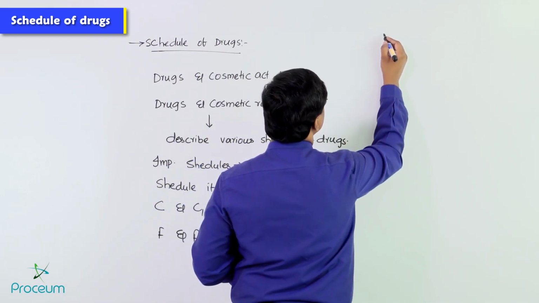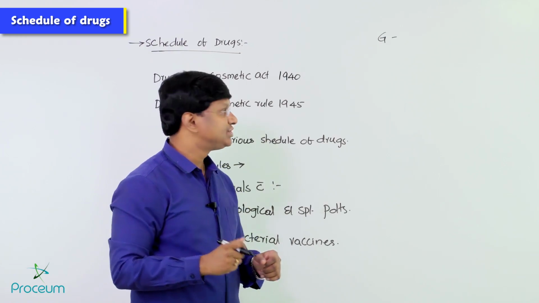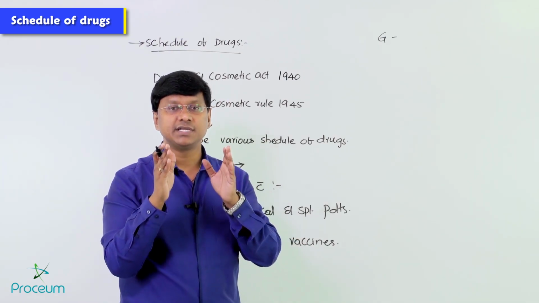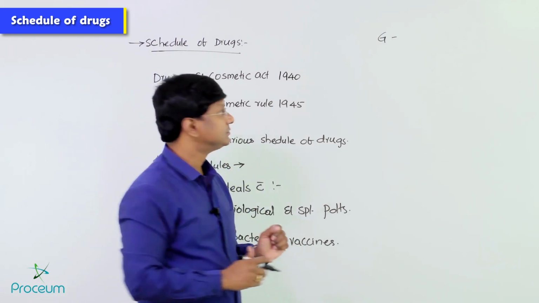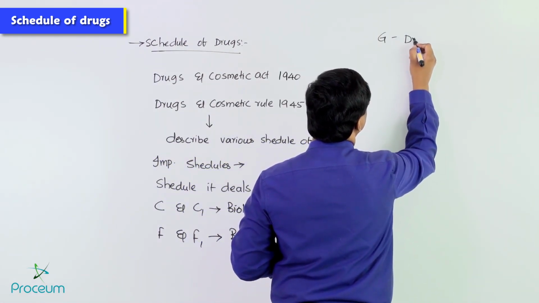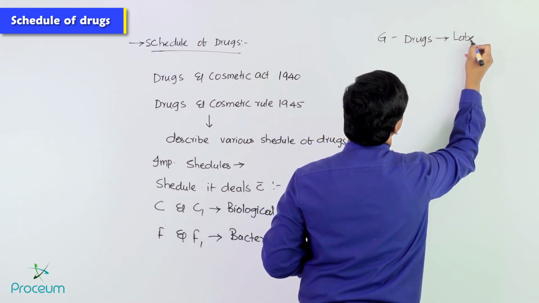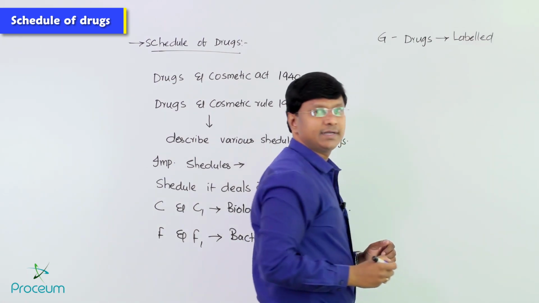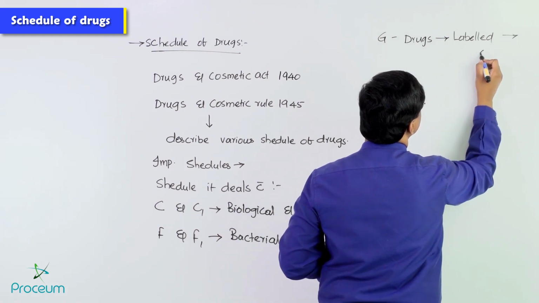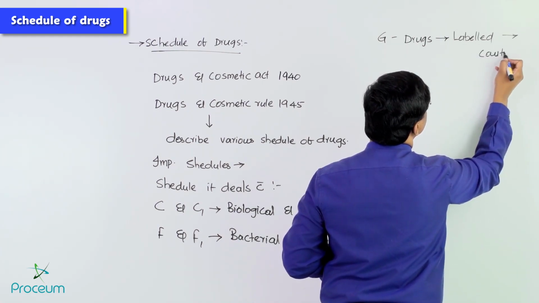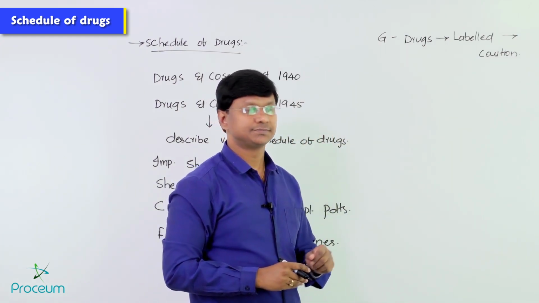Next, we have another important schedule, which is called G. Schedule G is used for the drugs that need to be labeled with the word caution.